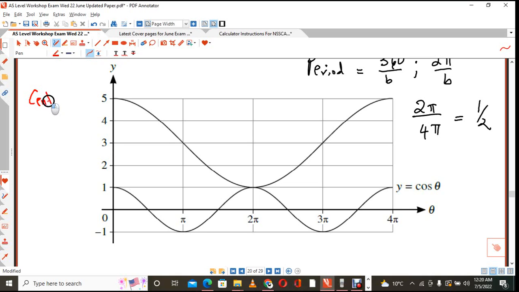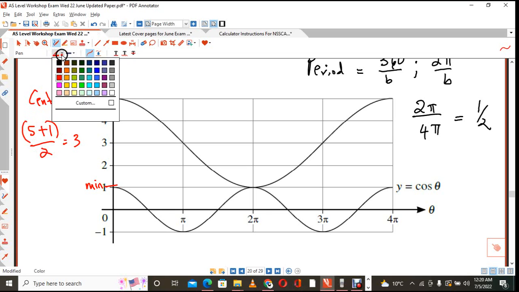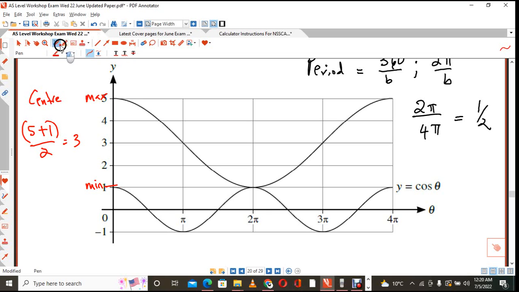The center line lies between the maximum and the minimum value. All right, so what does it mean? When you add, you say 5 plus 1 and you divide that by 2, you get your center line. That center line is the vertical distance that we are talking about. Okay, it affects the vertical distance.